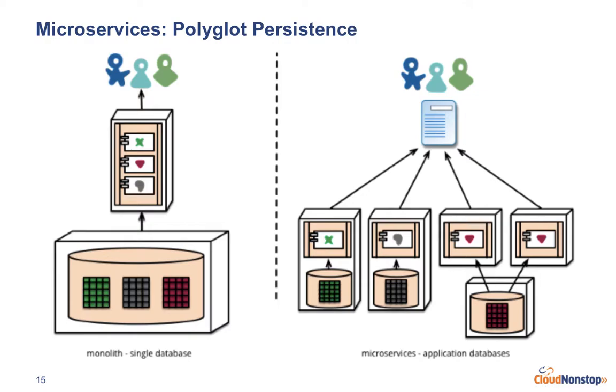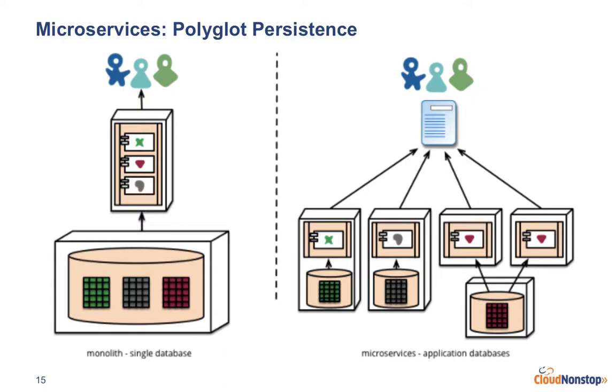In a microservices architecture, each and every microservice can have its own database layer, which may be quite different from other databases. So, for example, some microservices might be using a graph database. Some might be better off using a NoSQL database, and the other ones might be using a relational database, depending upon the nature of persistence that is required by that particular microservice.